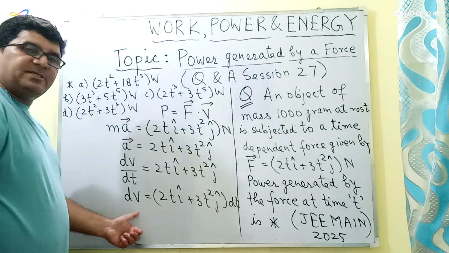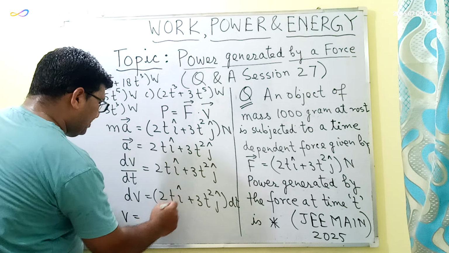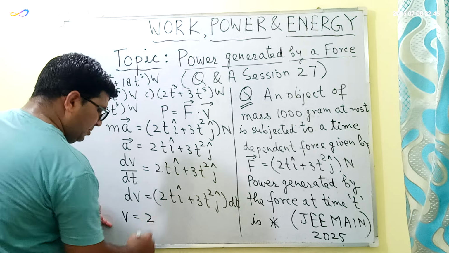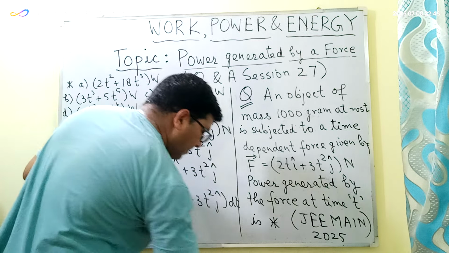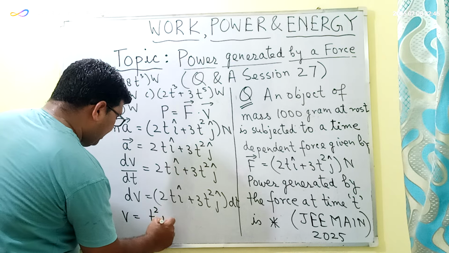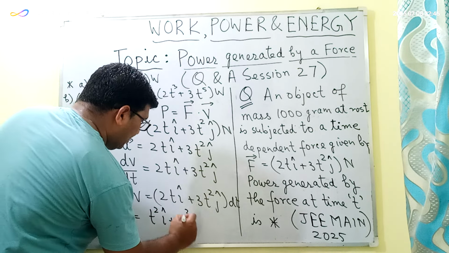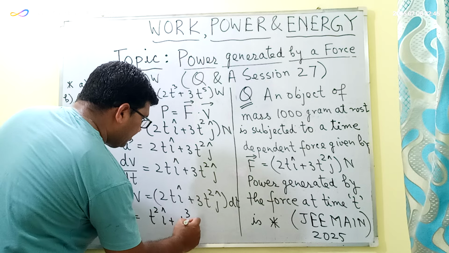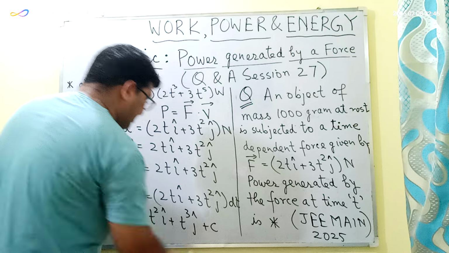If I integrate this equation, then I will get v equal to 2t square divided by 2, so this will be t square i cap, plus t to the power 3 j cap, plus the constant of integration.